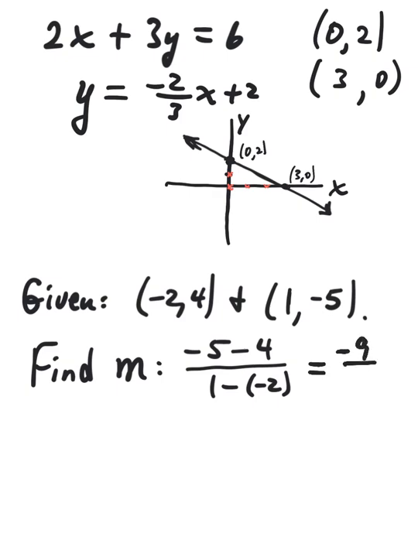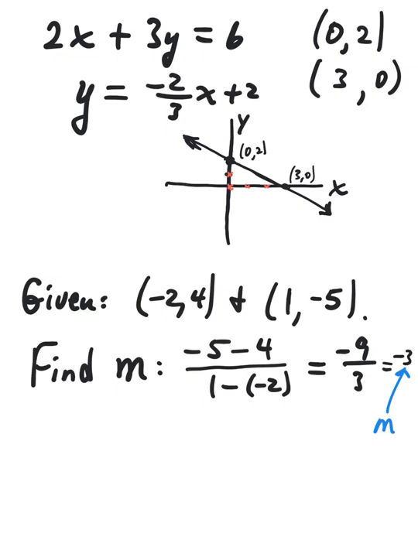Negative 9 on top, 1 plus 2, that's 3. And then this divides out evenly to a negative 3. And that's our slope. That's one way to get your slope.